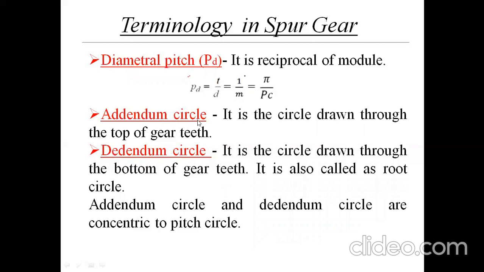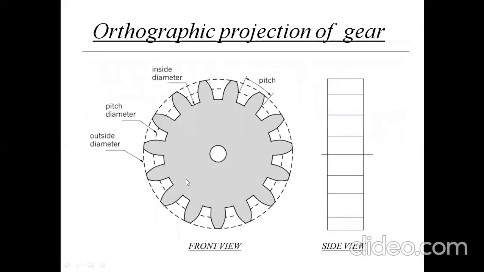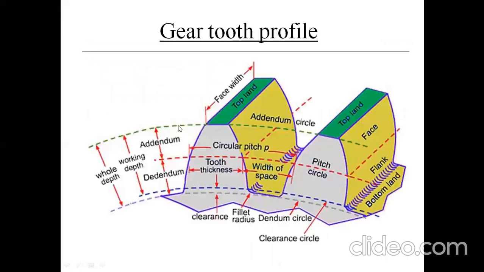Next is addendum circle. Addendum circle is the circle drawn through the top of the gear teeth, and dedendum circle is the circle drawn through the bottom of the gear teeth. It is also called the root diameter. If you see the figure here, this is the top of the gear teeth and this is the bottom of the gear teeth.